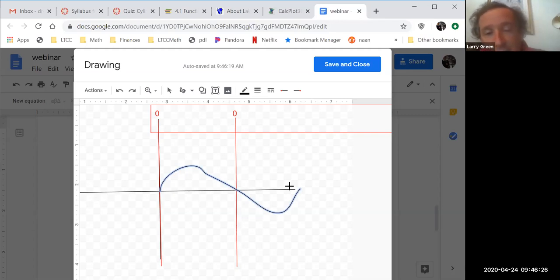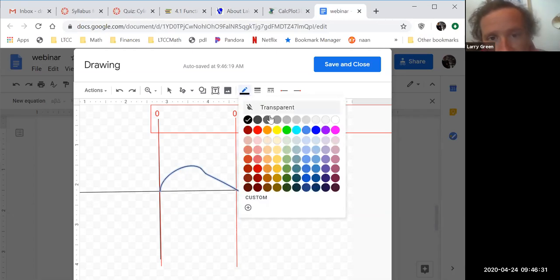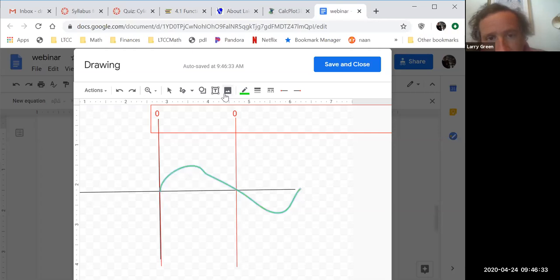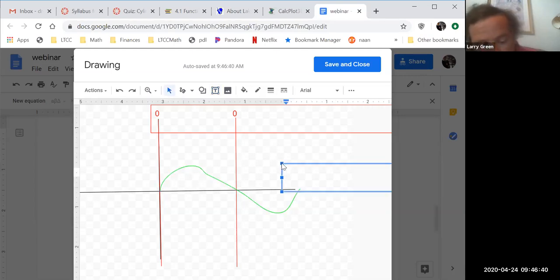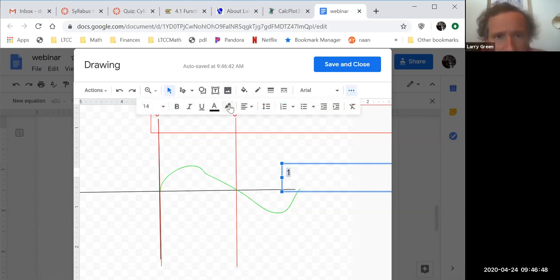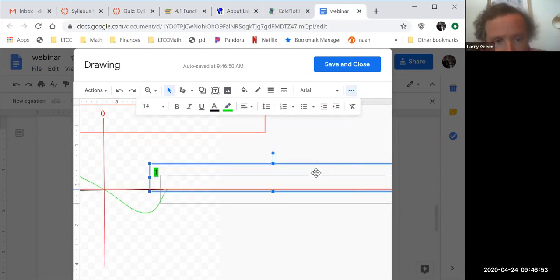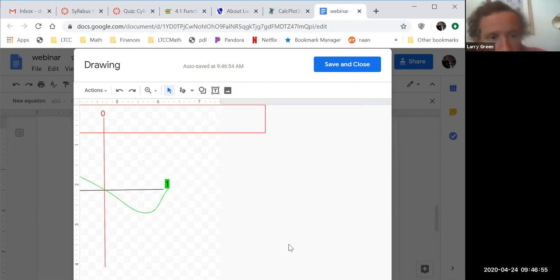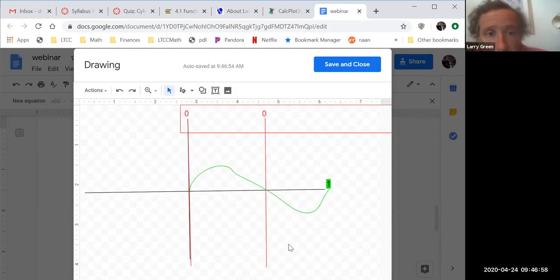Okay, and that was z equals, let's make it a new color. So that was z equals 1. I don't know why this box is showing up, but it shouldn't.